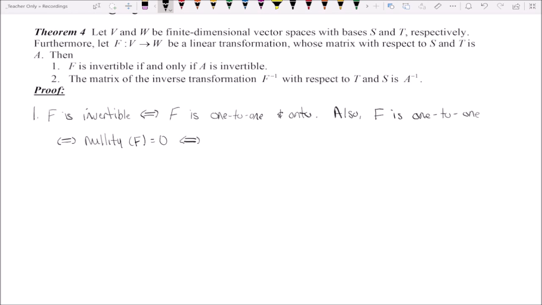But this is true if and only if the nullity of its matrix representation is equal to 0. And this is true if and only if A is invertible. The second statement follows directly from Theorem 3.